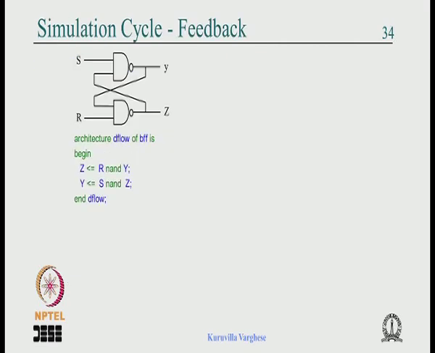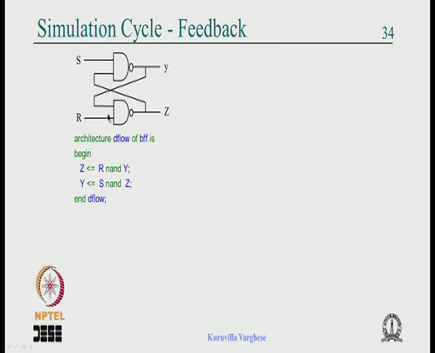So let us look at the case with the feedback scenario. I have shown a very simple circuit, a cross coupled NAND gate. Please have a look at it. So you have a cross coupled NAND latch, and as you know, for the NAND latch the input is active low.